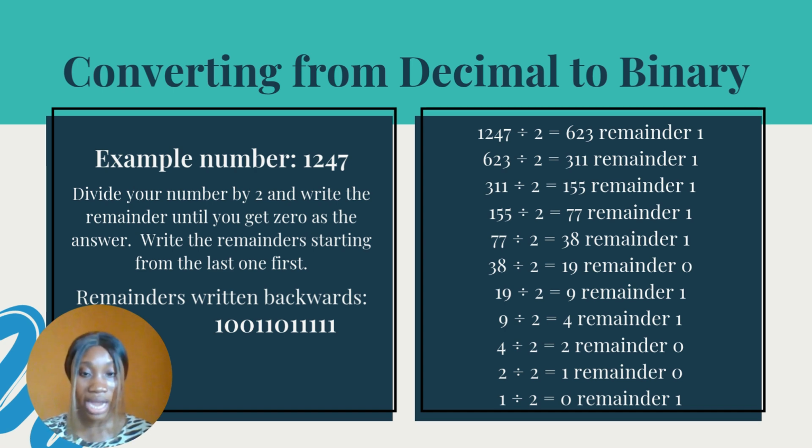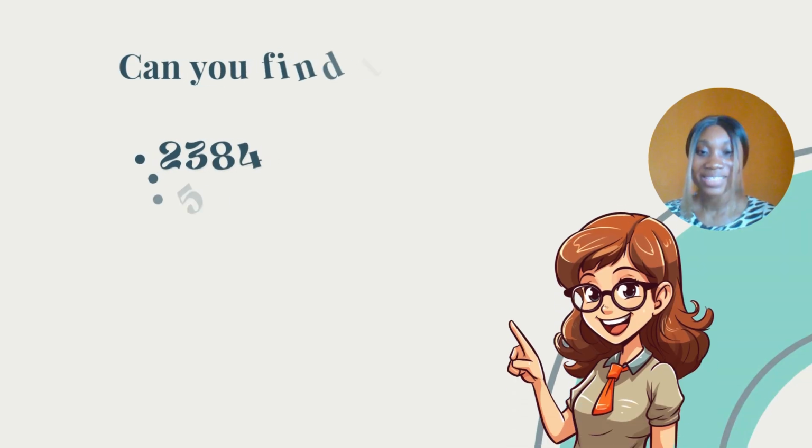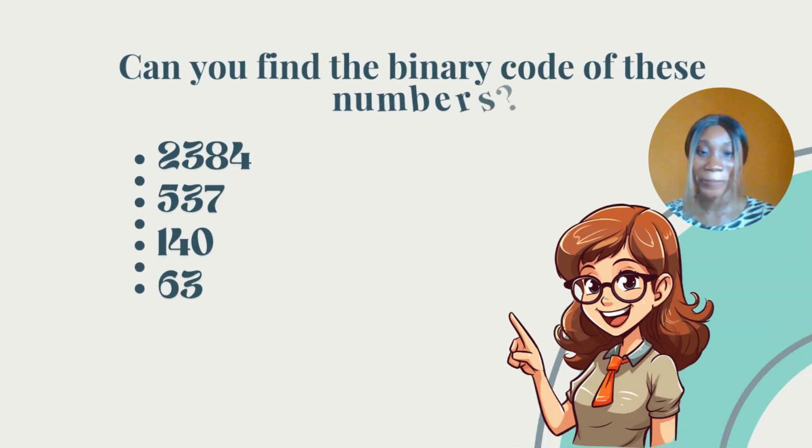So what do we do to get our answer? Read from the bottom to the top. So let's go. 1 0 0 1 1 0 1 1 1 1 1. So that is the binary number of 1247.